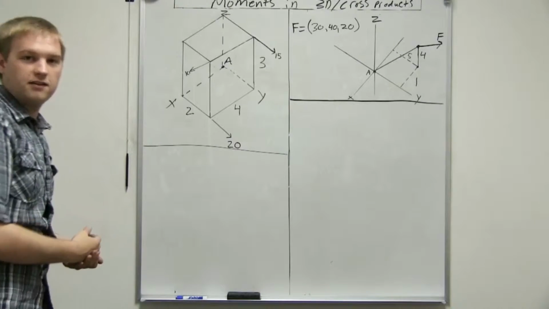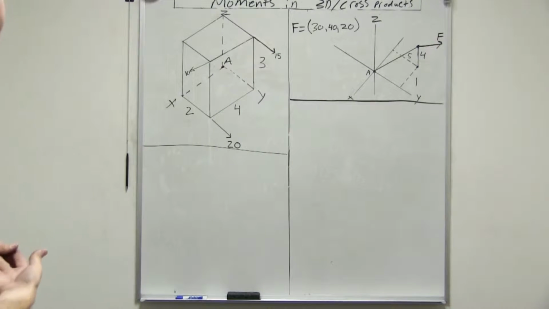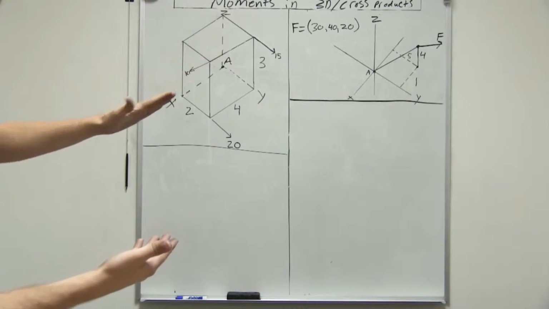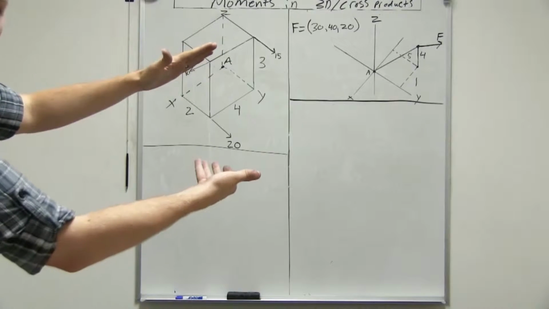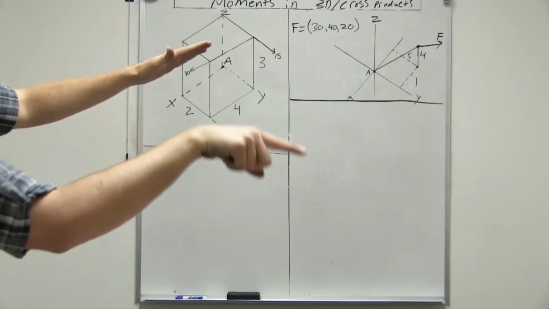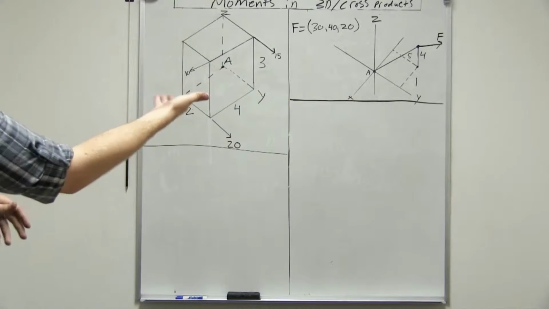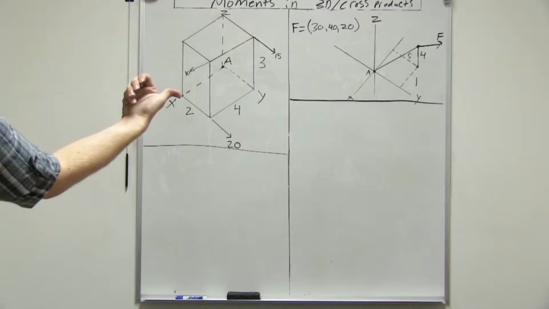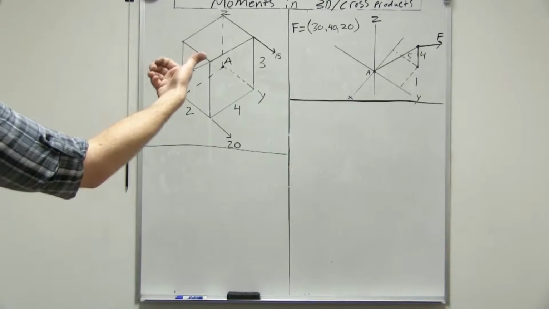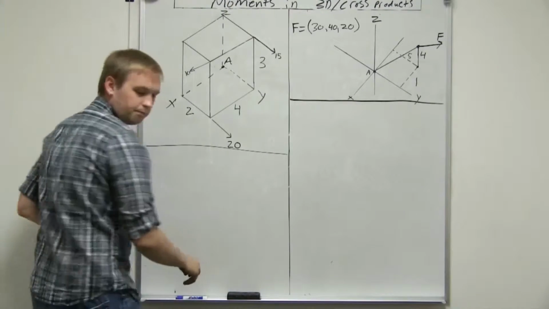So for this case, hopefully I can get a little closer to the camera so you can see. The x-axis is coming here, right? And this force is going to cause it to rotate this way. So it's going to cause it to rotate around that axis in that direction. So we point it there. My thumb is pointing this way, which is negative in the x direction.